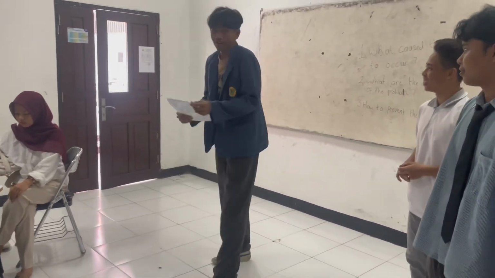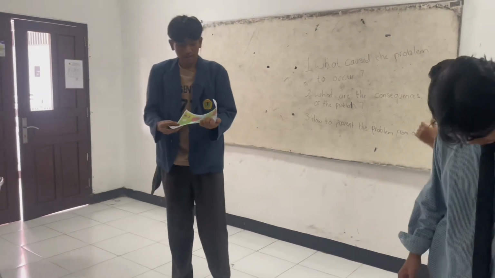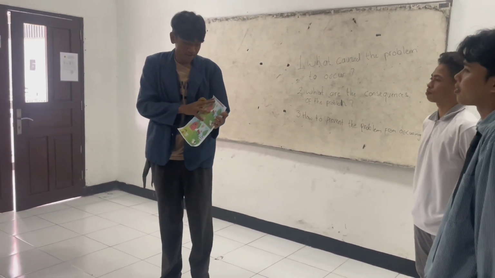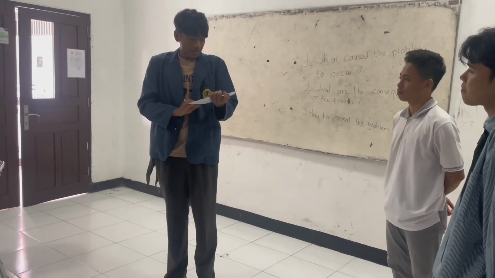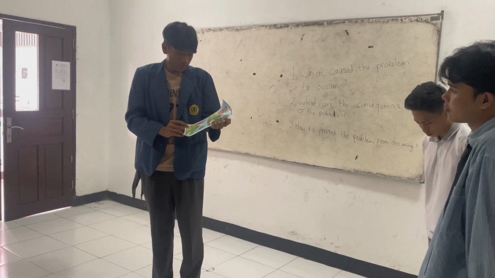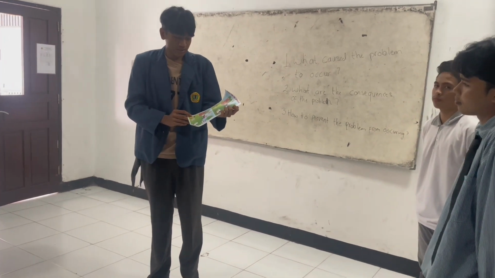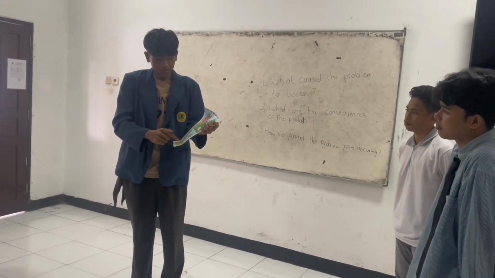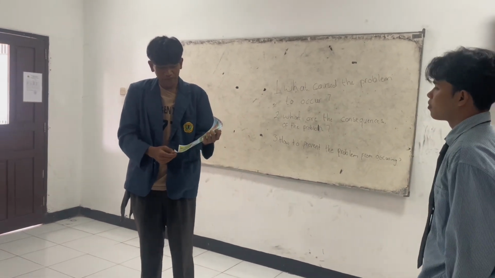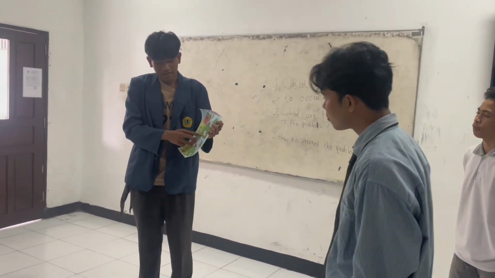Please introduce yourself. Okay, so we have 10 differences here. First, we have the farmer clothes. Second, we have the color of the flowers. Then we have the ladybug here.